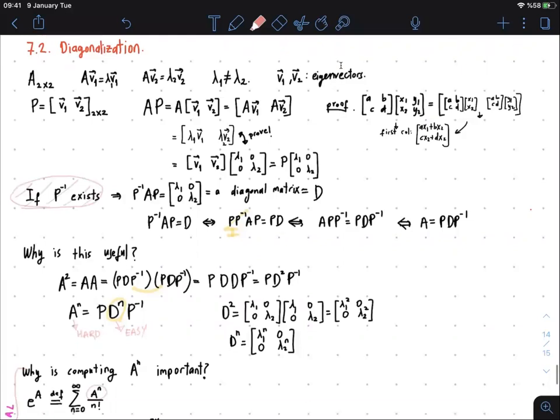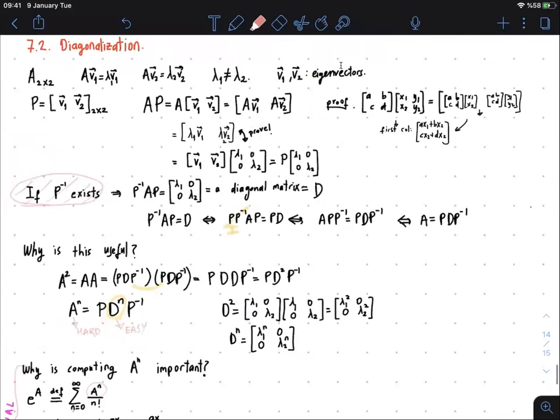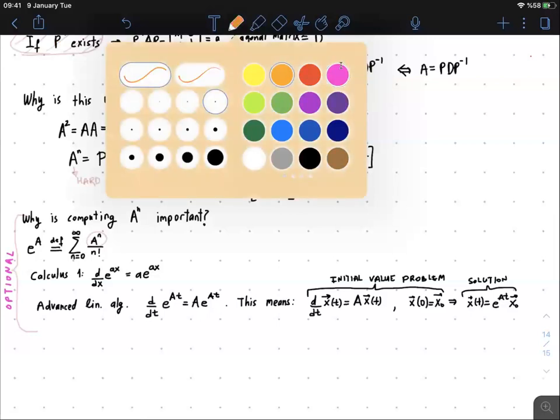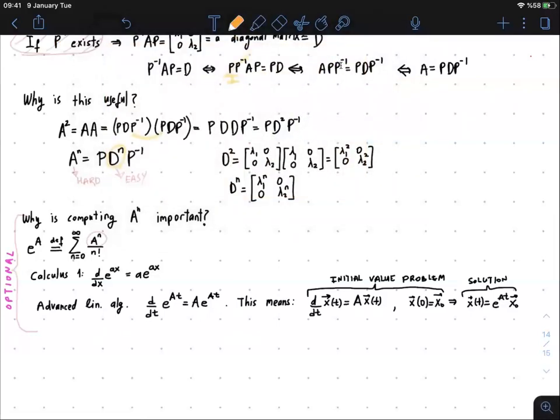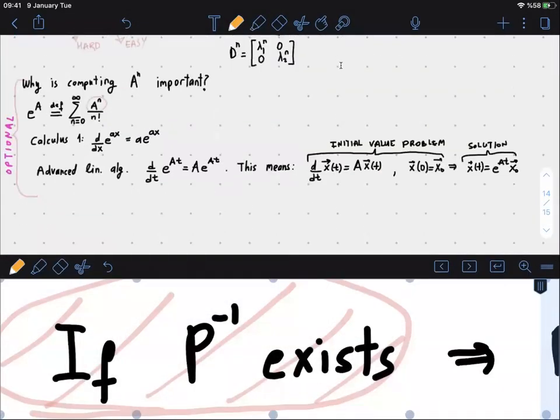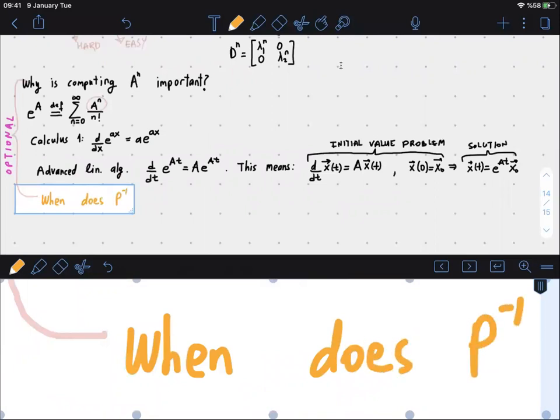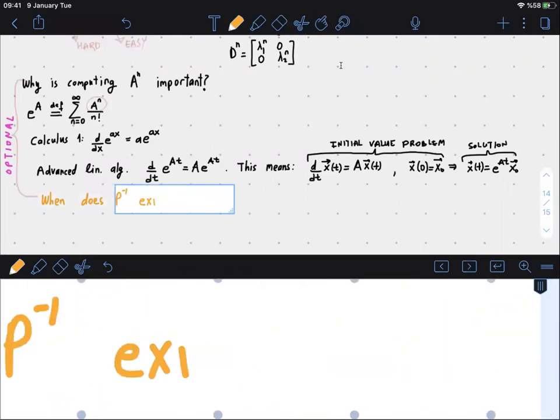P is this matrix. So the question now is, when does P inverse exist?